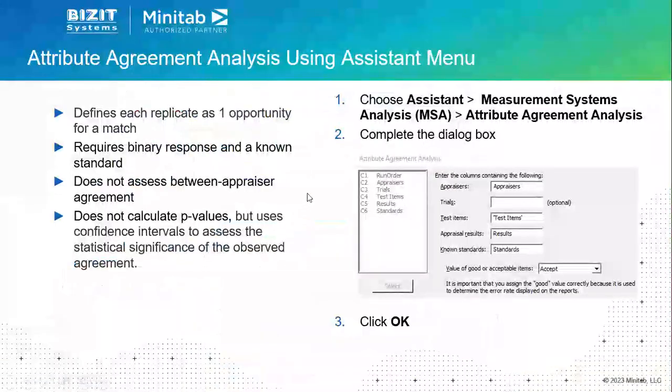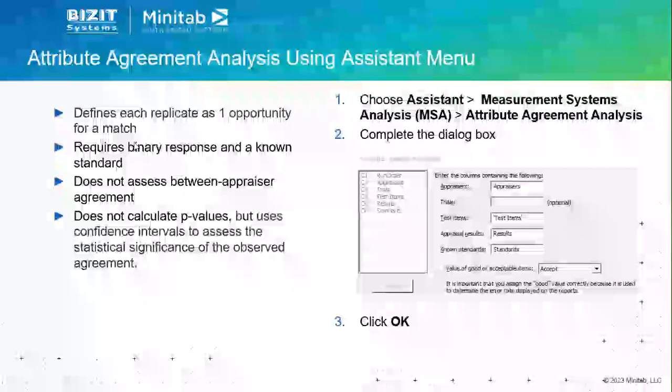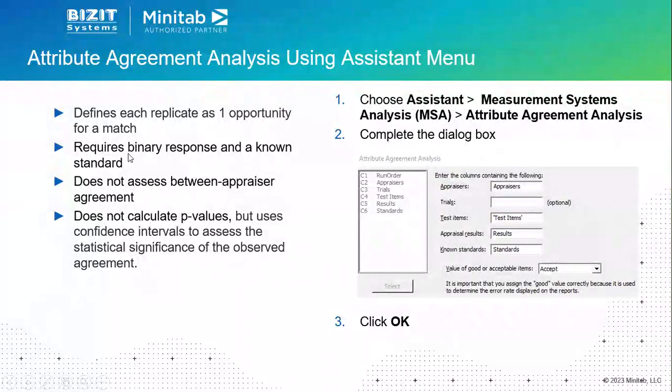The attribute agreement analysis using the Assistant menu has some information and requirements. We must have a binary response only for the Assistant.